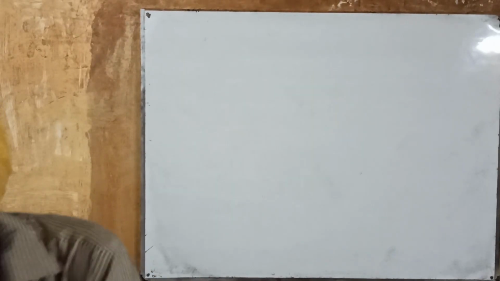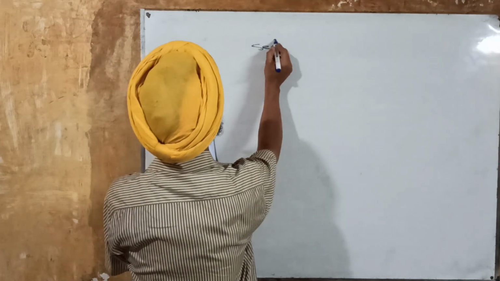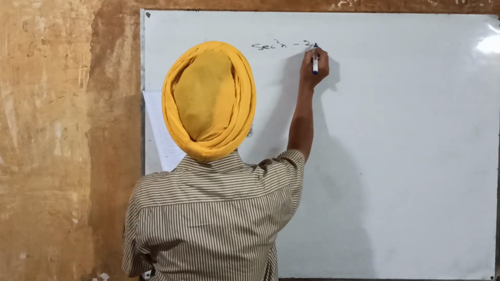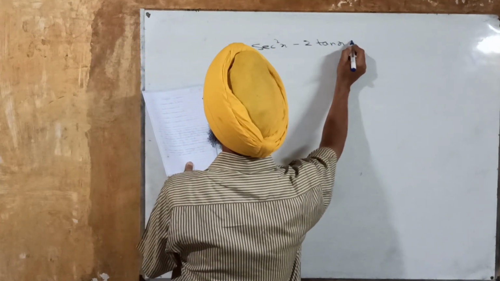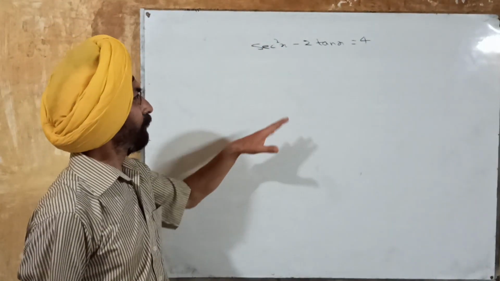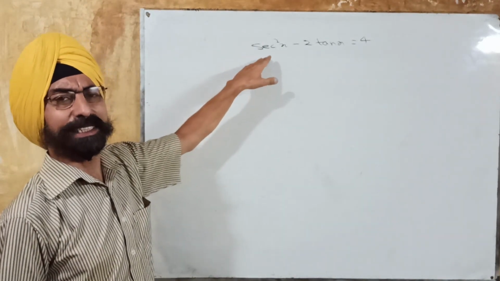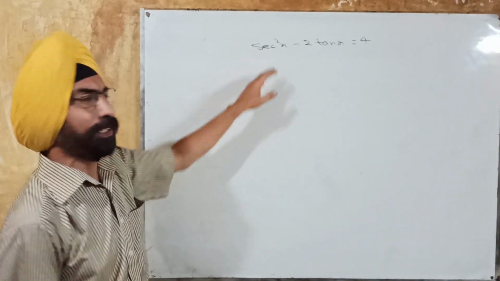Another question which I am having here with me is secant square x minus 2 tan x is equal to 4. This is another equation. How to solve it? Here you are having secant square x. Write this secant square x as 1 plus tan square x.